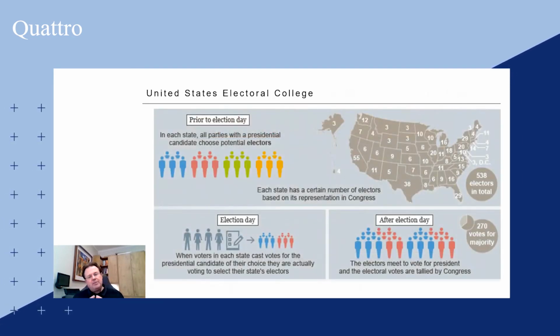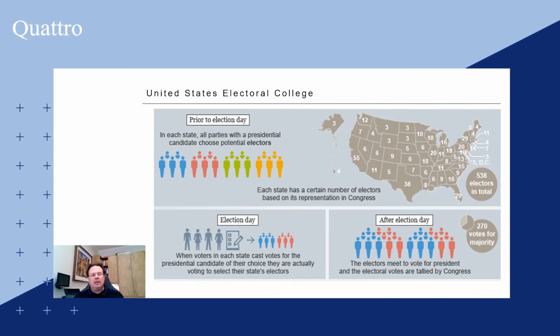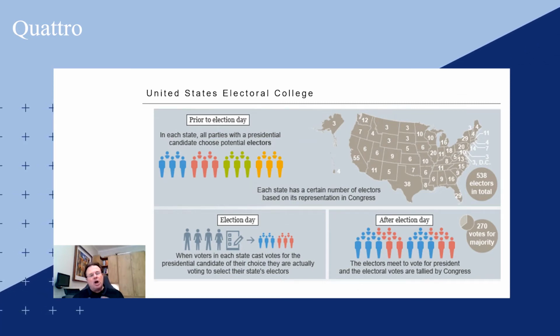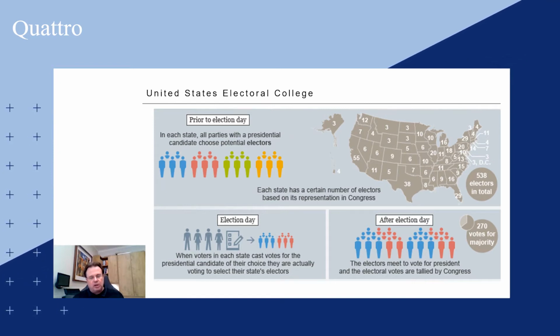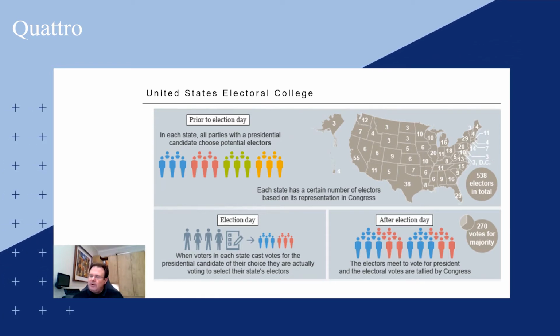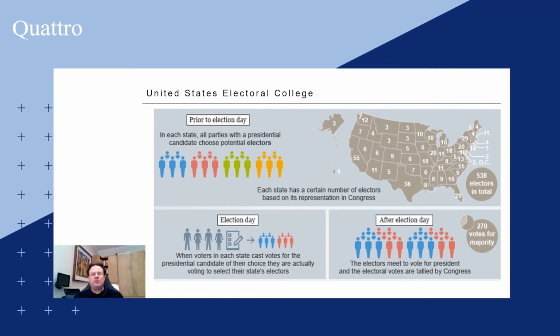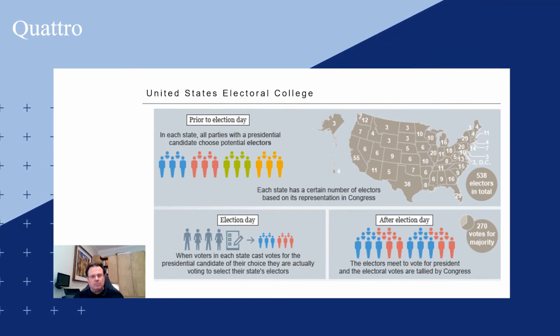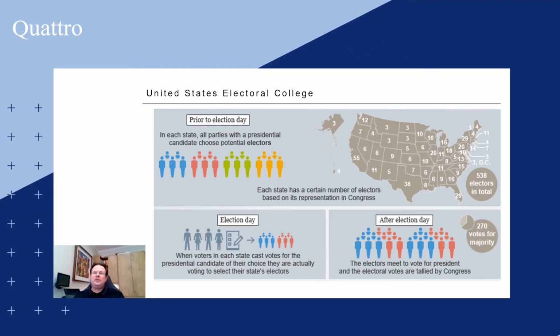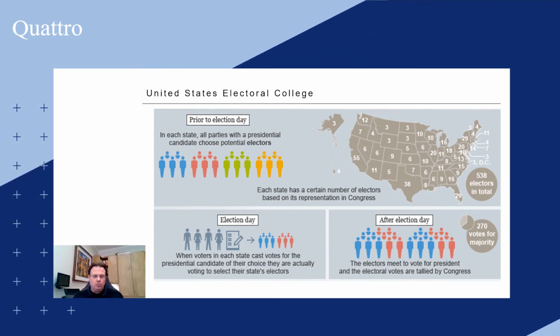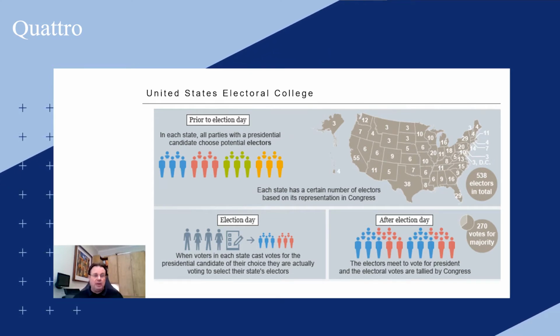Now, when it comes specifically to the presidential election, there's an oddity about the US, and it's called the Electoral College. And it's very difficult to get your mind around because it's not that logical, but it's the way they've always done it. So what happens is that when you go and vote in the US, you vote in the state in which you live.